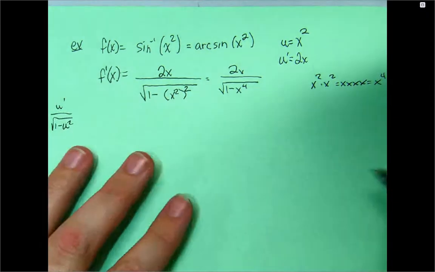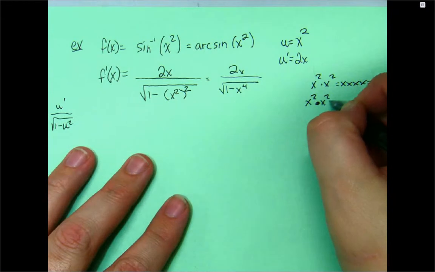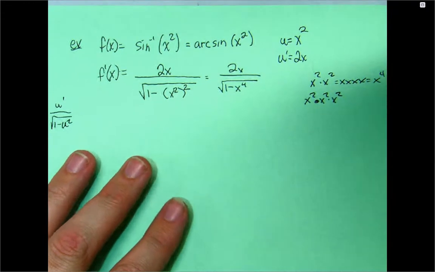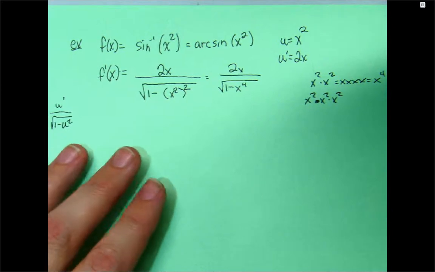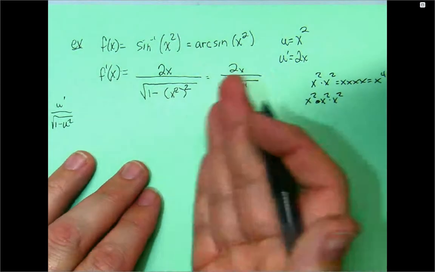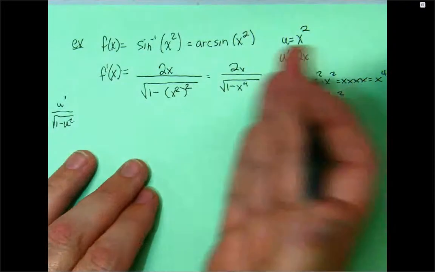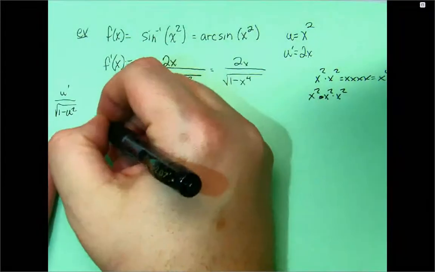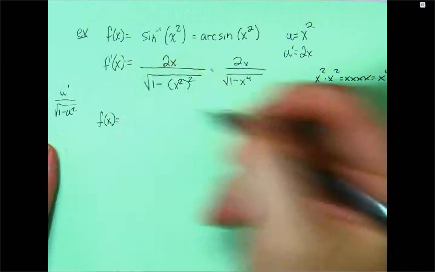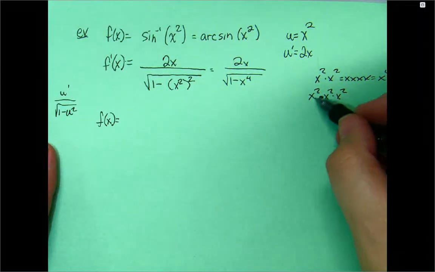If it was x to the third, it'd be x squared times x squared, then you get your 6 from there. So when in doubt, always go back to the definition of what you're doing. If your brain locks and you don't remember how to do that, go back to the definition of what this actually means. If you're multiplying like this, it'd be 2 plus 2 plus 2.